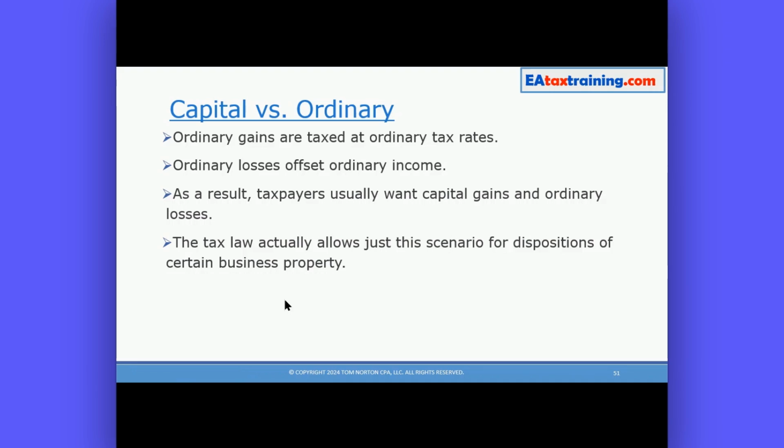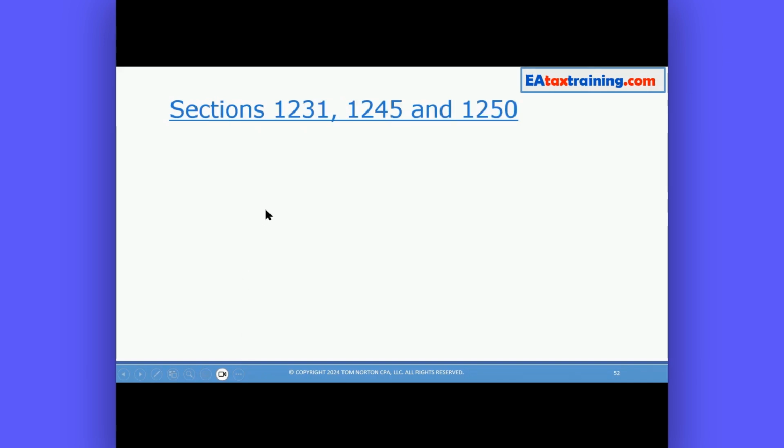And what was prominent on that list? Business assets. Assets used in business are not capital assets. So you might be wondering, how in the world could there be a capital gain for a non-capital asset? Well, I'm glad you asked. And so what that does is it brings us to something called Section 1231.